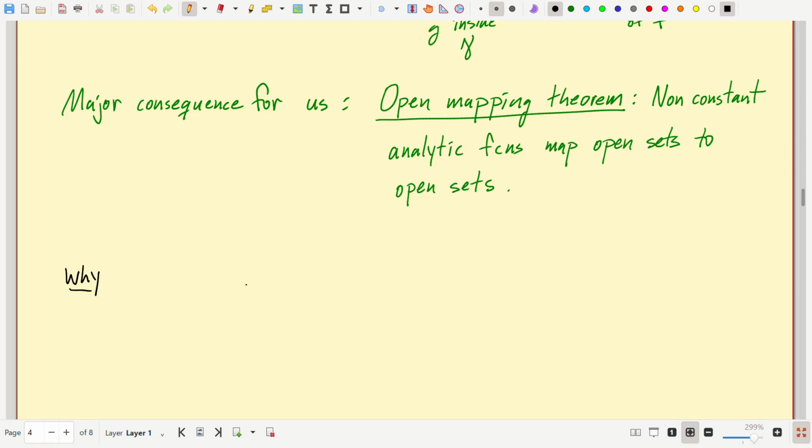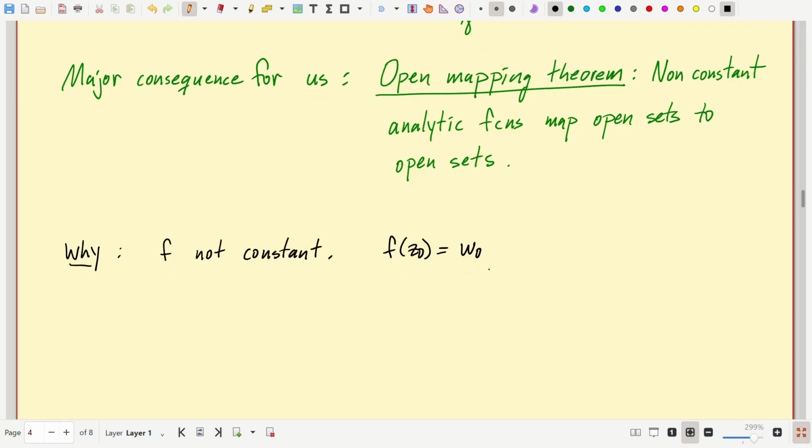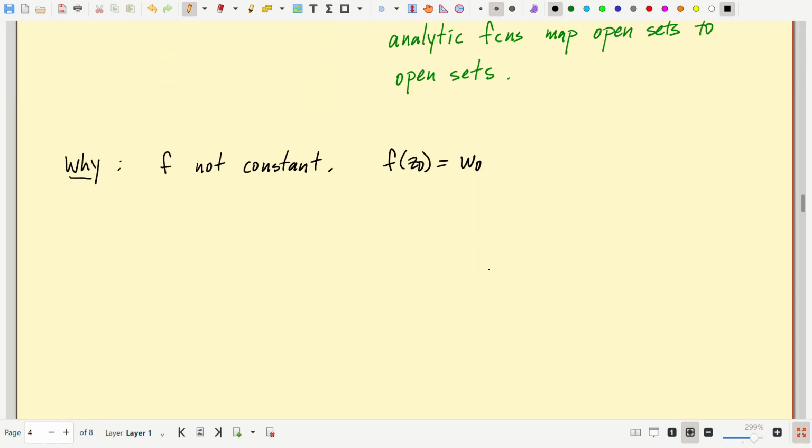So let's see. Let's suppose that f is not identically constant. So f is not constant. And let's suppose f of z naught is equal to w naught. Then f couldn't be constantly equal to w naught.